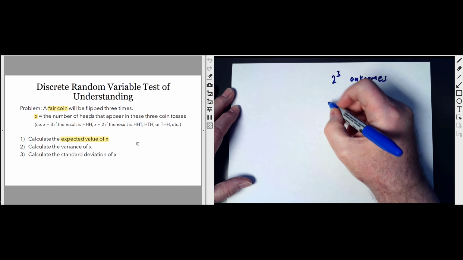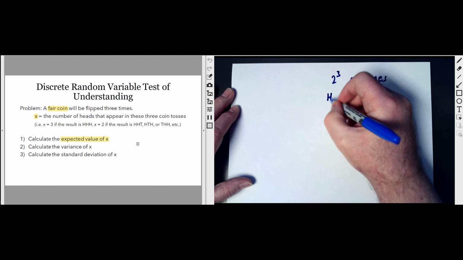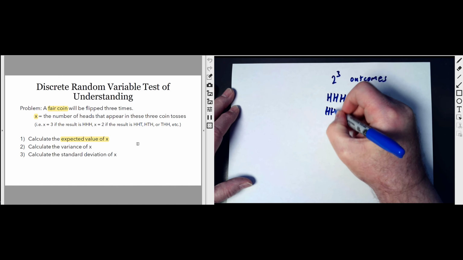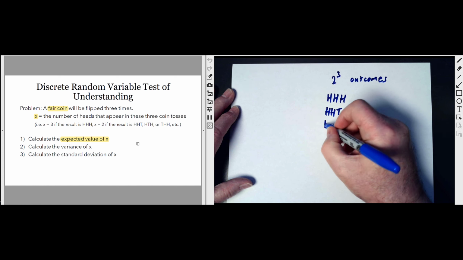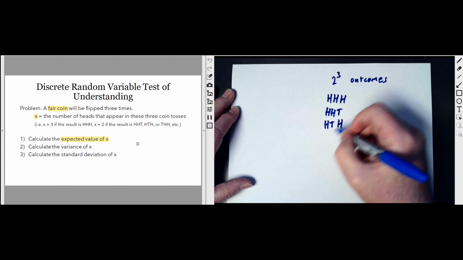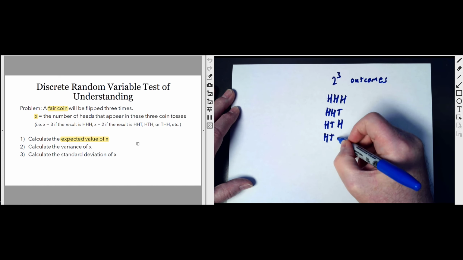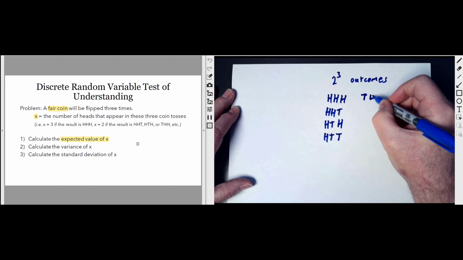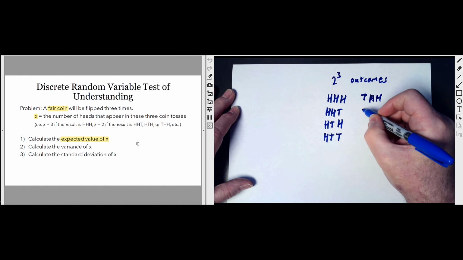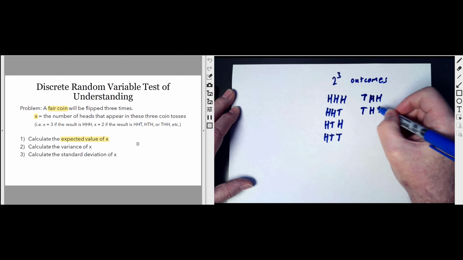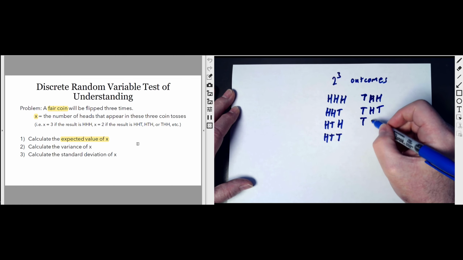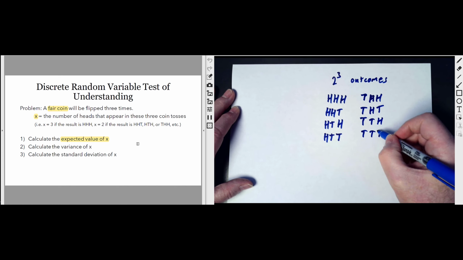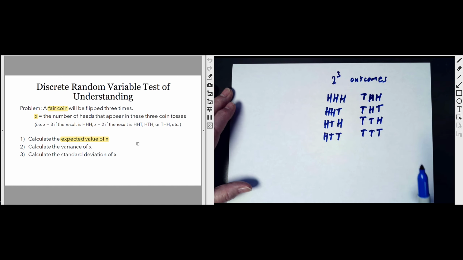And they are going to be head, head, head, head, head, tail, head, tail, head, head, tail, tail, and then tail, head, head, tail, head, tail, tail, tail, head, and tail, tail, tail. All right, so those are our 8 possible outcomes.